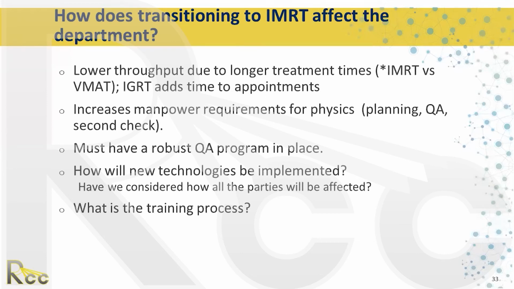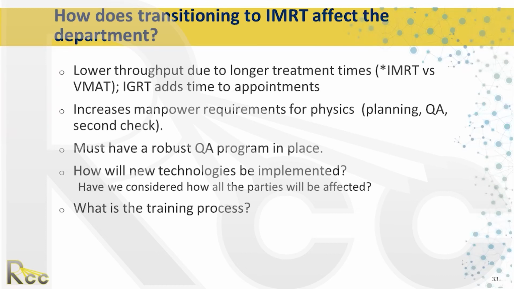How will new technologies be implemented? With IMRT comes other things like cone beam CTs. You'll be doing a cone beam CT, which is a 3D image guided imaging that you'll overlay over your CT scan to make sure that everything is attenuating correctly.